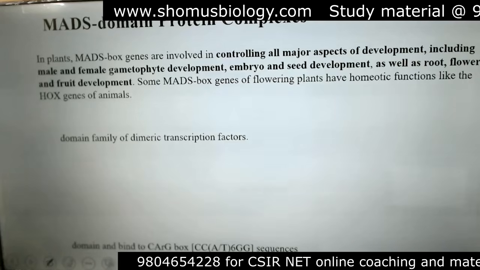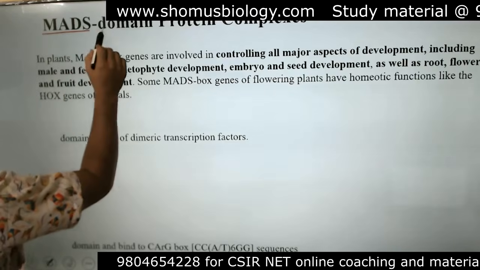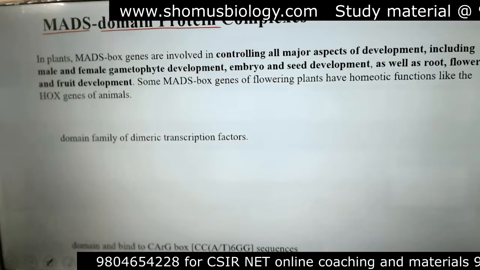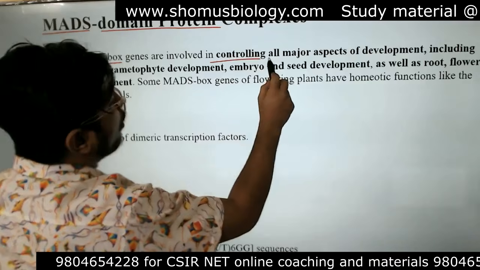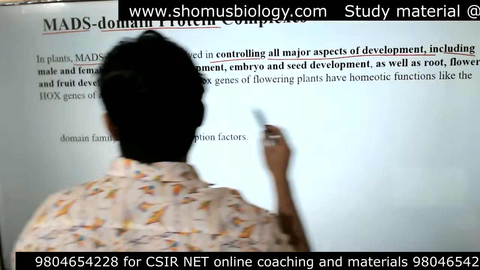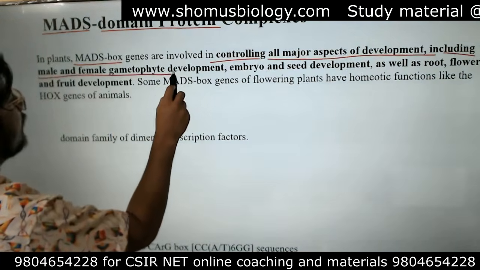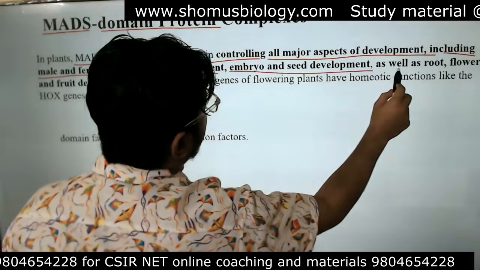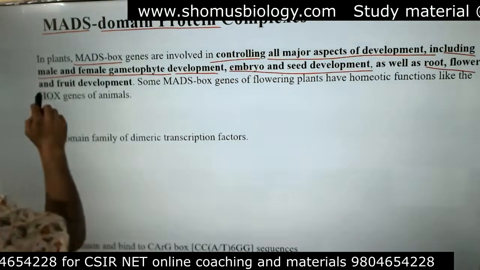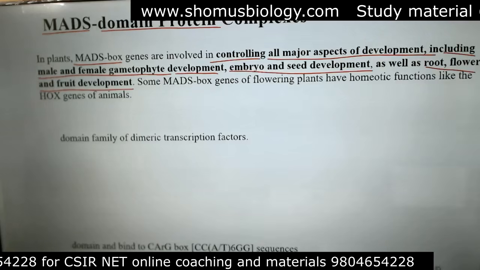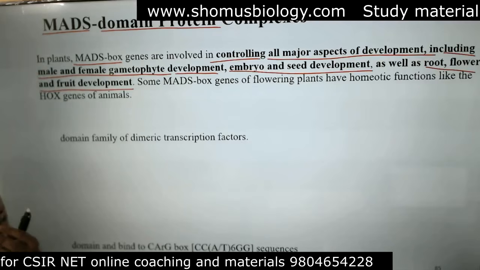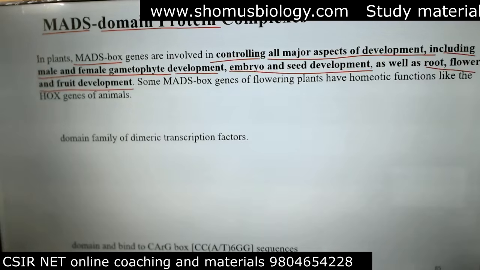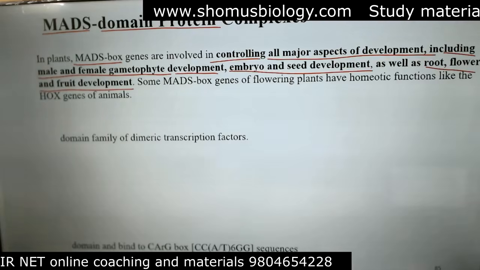One final thing is you need to know a little bit about the MADS domain protein complexes. In plants, MADS-box genes are involved in controlling all major aspects of development, including male and female gametophyte development, embryonic and seed development, as well as root, flower, fruit development. So all the development purpose, whether it's the flower development, root, shoot development, everything are denoted by this MADS-box, MADS domain protein.